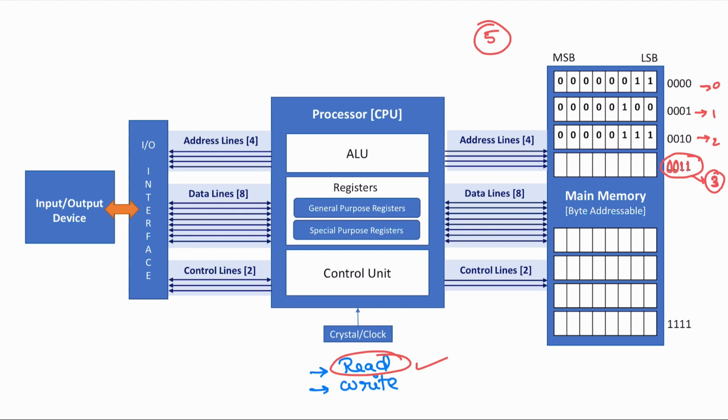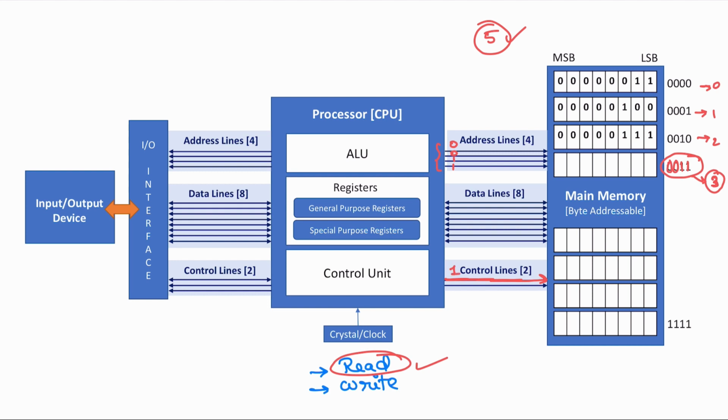we will be writing value 5. How will CPU do that? CPU will again send the address 0011 via address bus. Now it will send the write signal. For example, this conducting line was for write, so it will send 1 here.